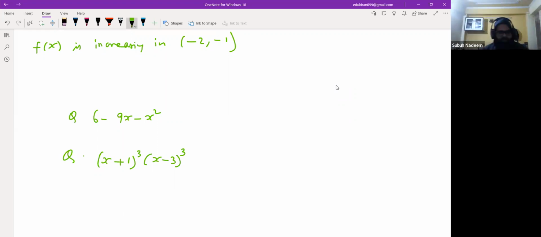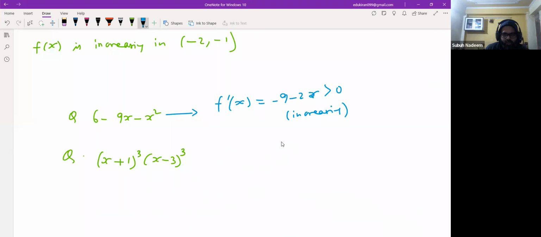Because when you differentiate it, let us talk about the first one. You will get minus 9 minus 2x. And if you are talking about increasing, then you will say it is greater than 0. So minus 9 will be greater than 2x, or you can say that 2x is less than minus 9, or x is less than minus 9 by 2. So increasing is minus infinity to minus 9 by 2.